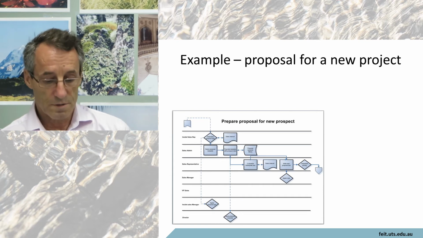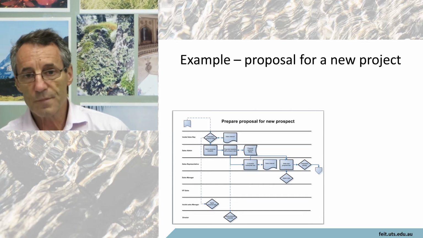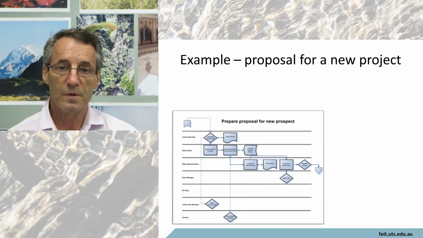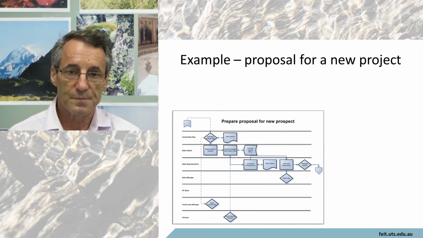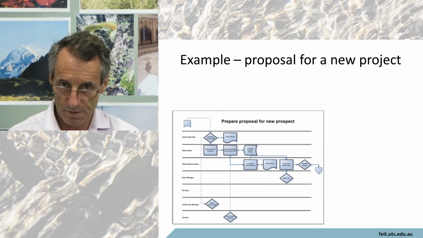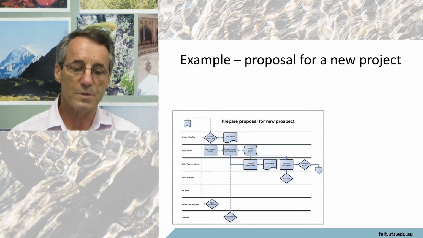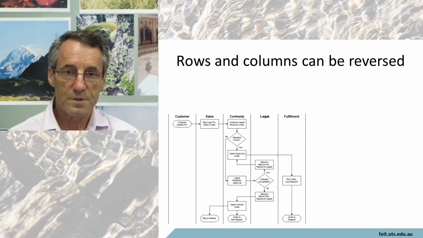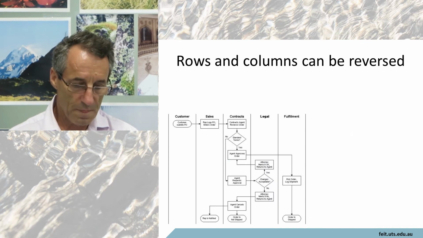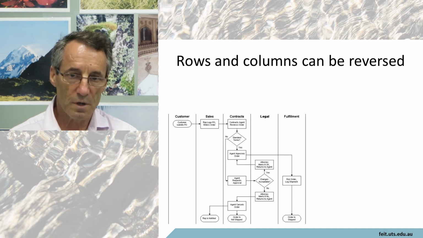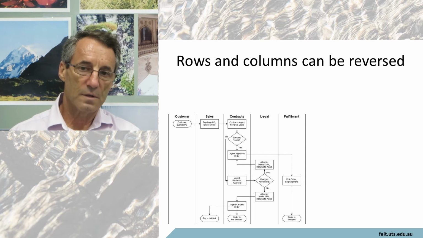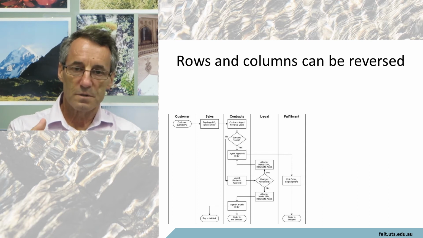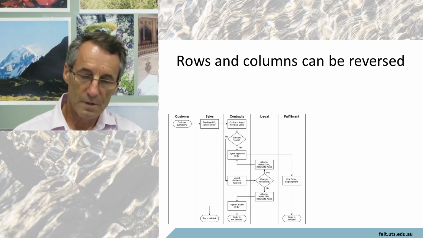It looks good, it's easy to understand, and is very familiar in business process terminology, and it seems to be fairly well accepted in the business community. The next one is pretty much the same thing, but with rows and columns reversed. So we have the responsibilities in columns and the sequence of stages vertically in rows.